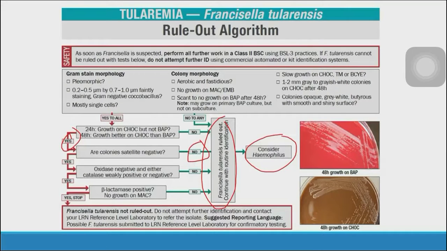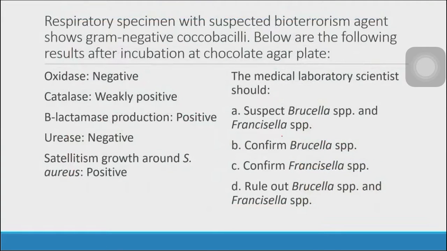So you can consider Haemophilus since again, ito yung na-exhibit ng satellitism. So kanina, in here, at first glance, yung sa kaninang ruling out natin, magmumukhang Francisella yung tamang sagot. Okay, but again, huwag kakalimutan kapag positive ang satellitism, okay, hindi na pwedeng maging Francisella yan. Okay, isa yun sa dapat tandaan in regards to Francisella.